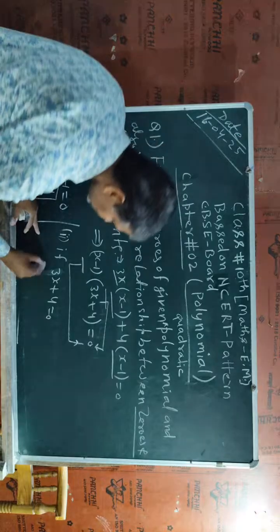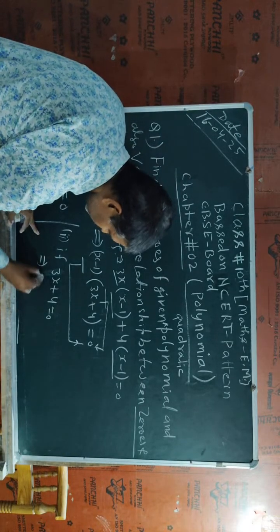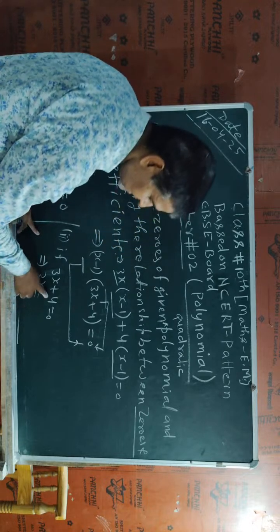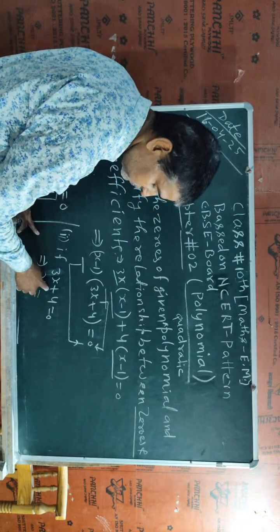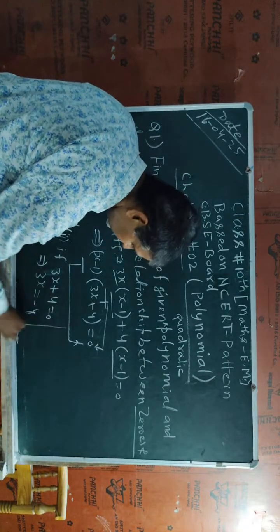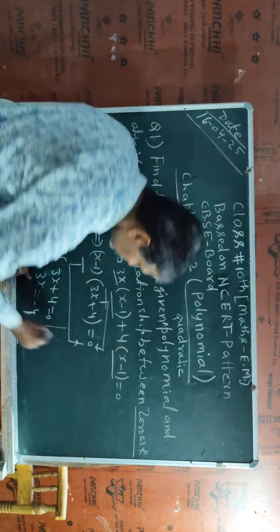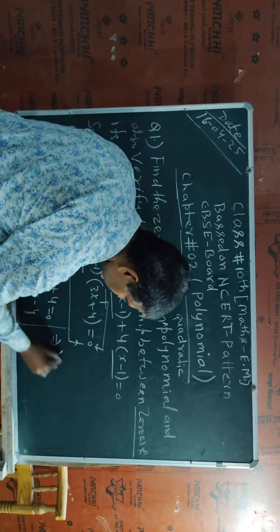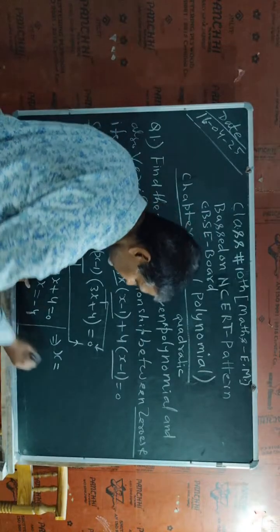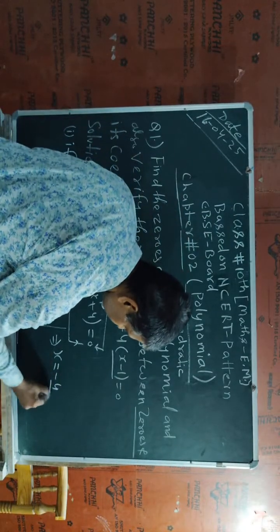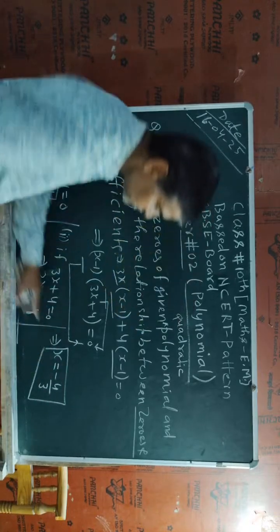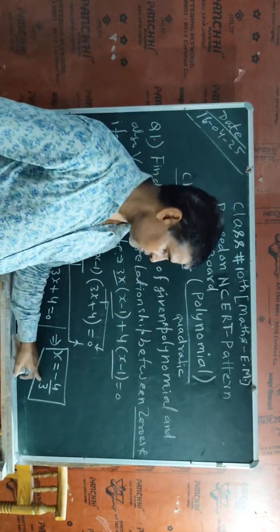So here 3x plus 4 is available, so I am putting 3x, and this 4 has a plus sign, and it will go minus, so the sign will change in each and every case. Here x is multiplied by 3, so it will go to the right hand side, so I will divide by that quantity. So the other zero's value is minus 4 divided by 3.